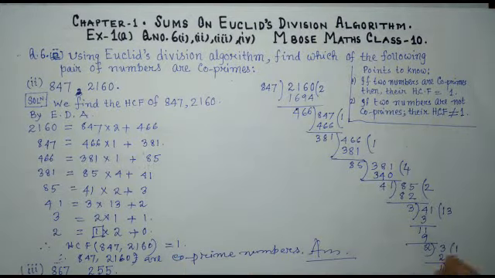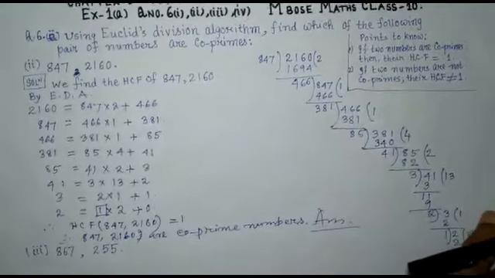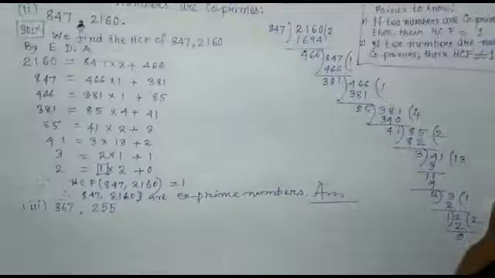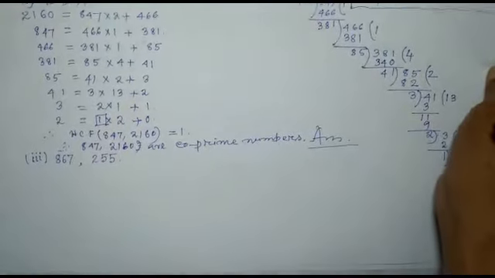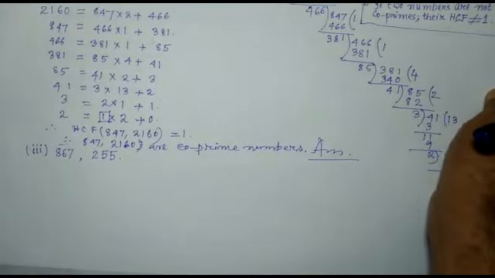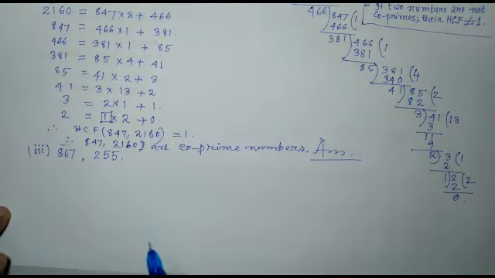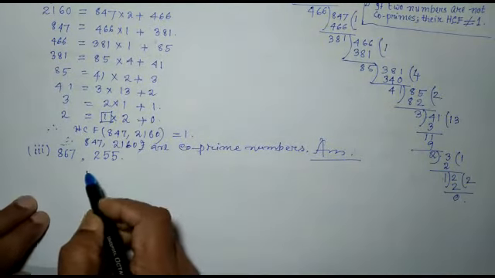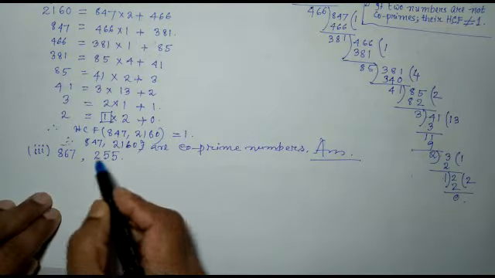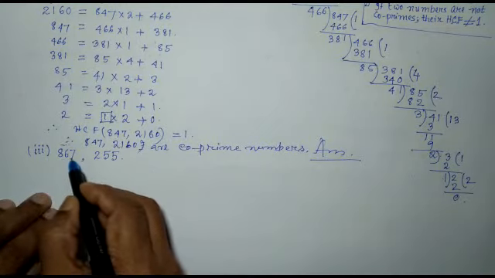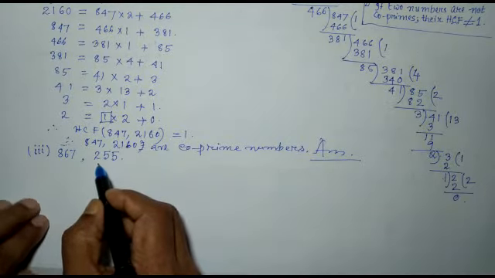And look next, question number 3, the two numbers are 867 and 255. So whether these two numbers are co-prime or not. We see here 867 is bigger, so we apply Euclid's division algorithm.